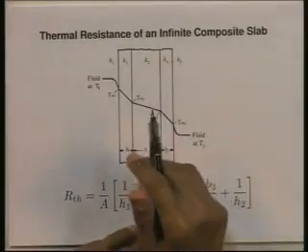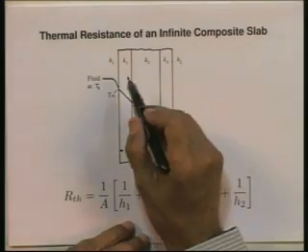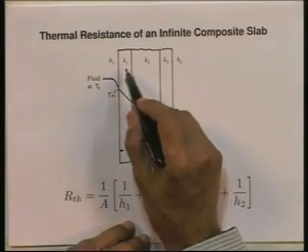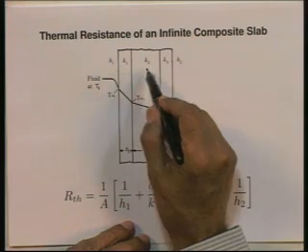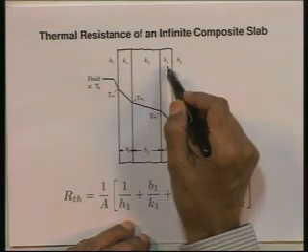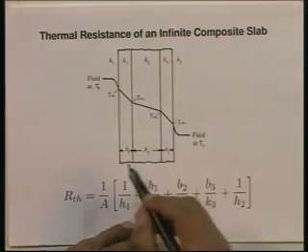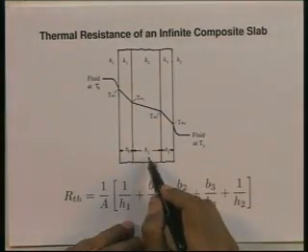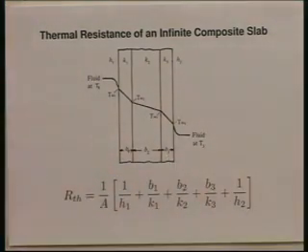We have now a composite slab consisting of three materials with thermal conductivities K1, K2 and K3, all right, and thicknesses B1, B2 and B3. Three slabs attached to each other side by side. The first one is thickness B1, second one B2, third one B3. Their conductivities are K1, K2 and K3.